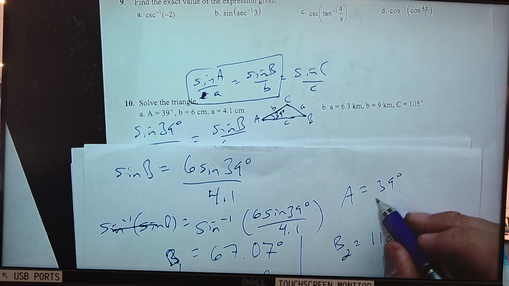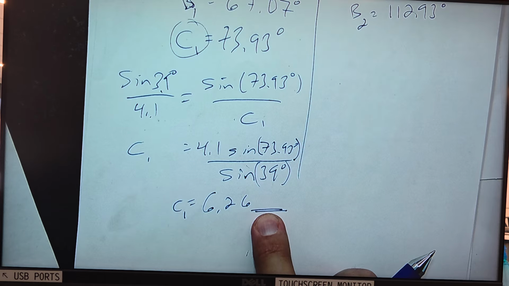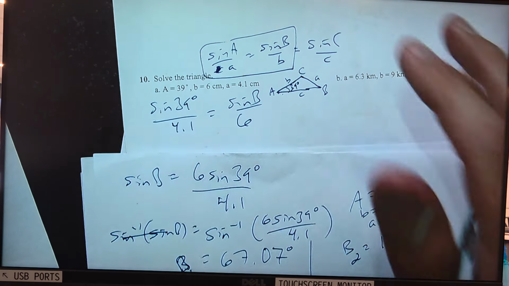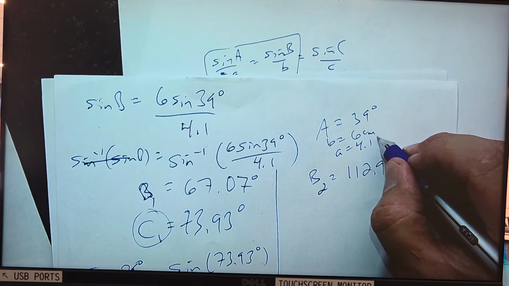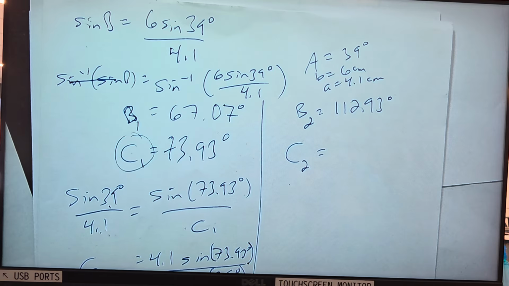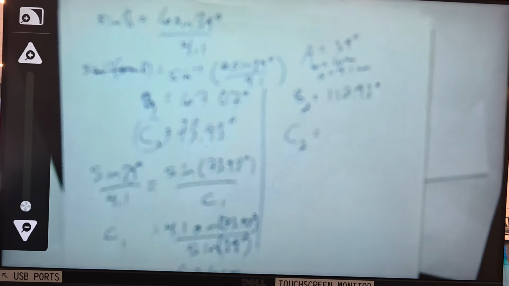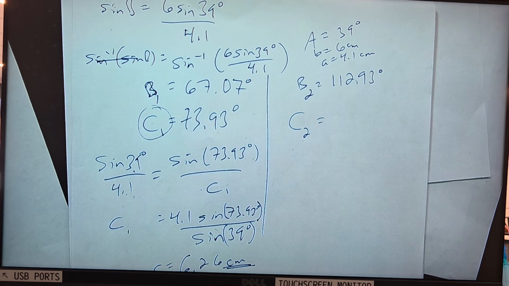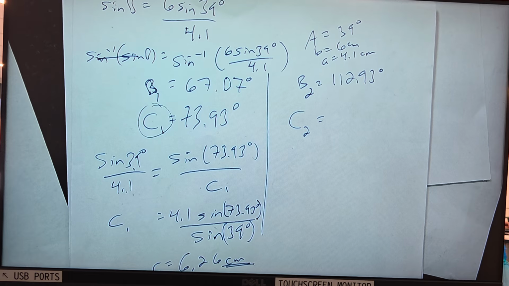By the way, what should I put here? Centimeters, good. This is centimeters. So we know all this already in this triangle. So what would C2 be? 151.93, so that'll be 28.07.